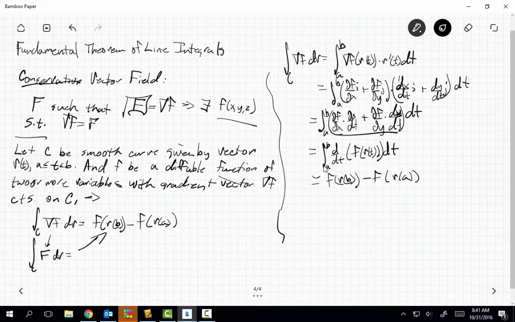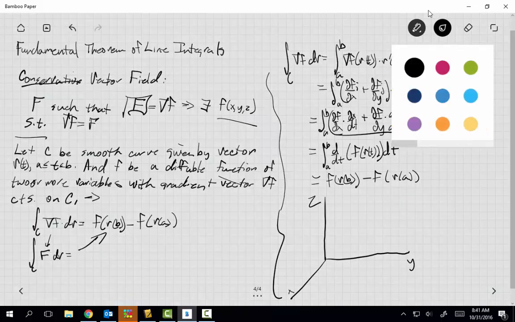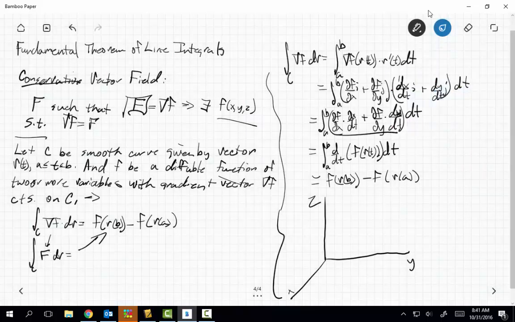Now, let's try and figure out sort of graphically what this means, because something crazy happens here. Watch. Here's x, here's y, here's z. So now I'm in 3 space, right? Think about this for just a sec.